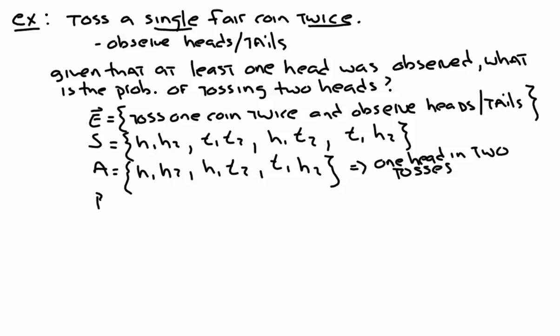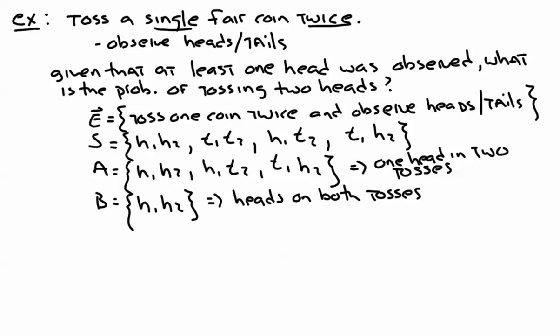And event B is head one, head two, heads on both tosses. All right?